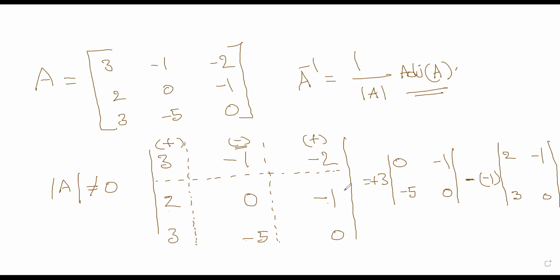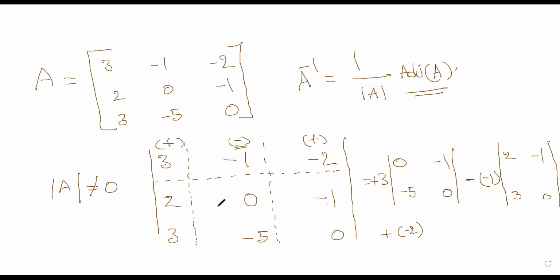Next is plus: plus minus plus will come. Whatever the number is there, that number you have to write, and leave the column and row where minus 2 is present.